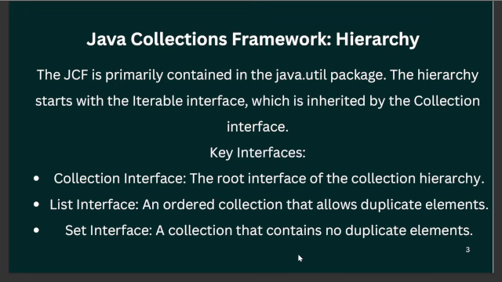Now moving to the next topic, which is the Java collection hierarchy. So let's understand the structure. At the top we have the Iterable interface, and then comes the Collection interface.